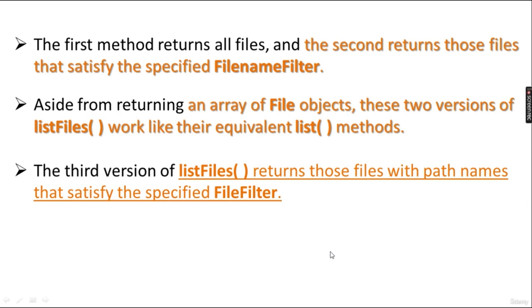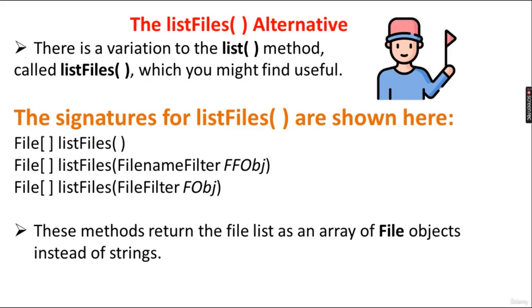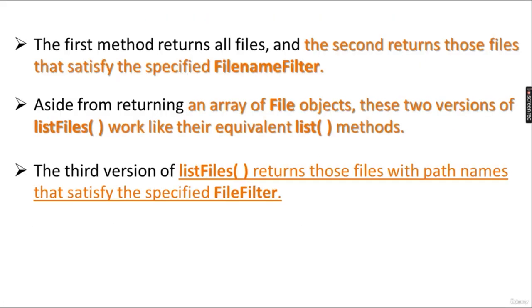The second will give you files with the specified filename filter. Whatever filename you specify, depending upon that it will return the files, and those return File objects, but not strings. Other than this, there is no difference between list and listFiles. There is only the difference of the array: the first returns an array of strings, and this one returns an array of File objects.